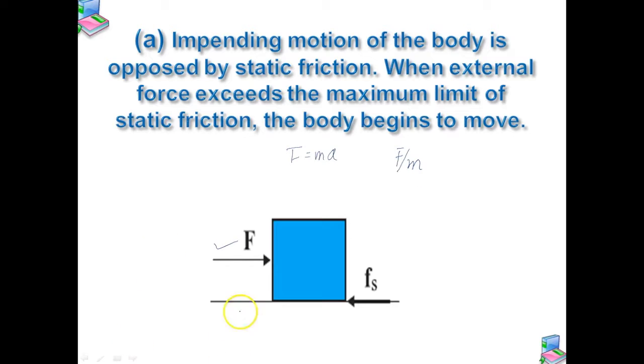Here we are seeing that the body is at rest, it is not moving, which means that some other force in the opposite direction is acting on the body, and it is making the net external force acting on the body zero. Okay, so that force Fs, which is parallel to the surface of the body in contact with the table, is known as frictional force. So this opposing force is nothing but frictional force.